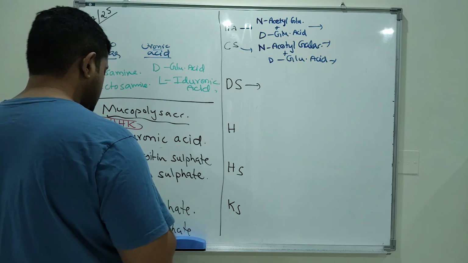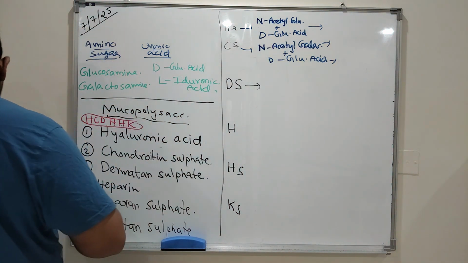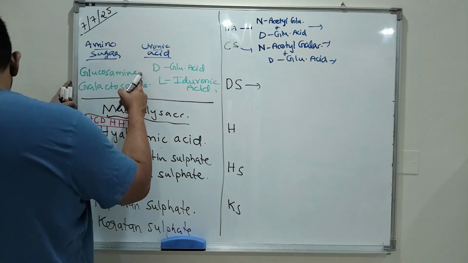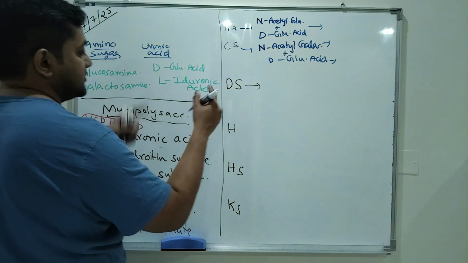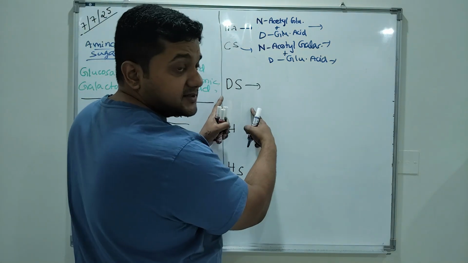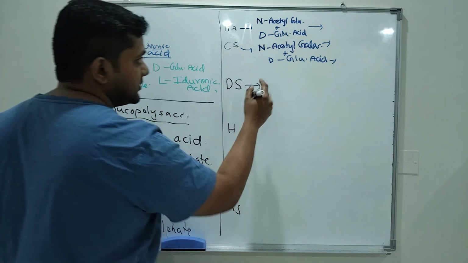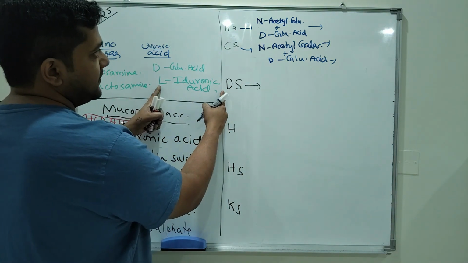Dermatan sulfate's combination will be N-acetyl galactosamine and L-iduronic acid.